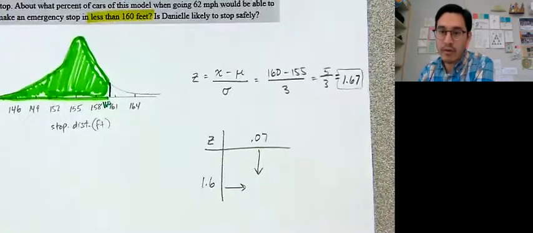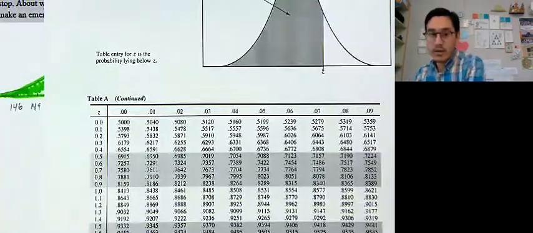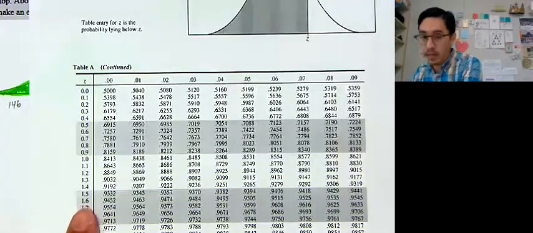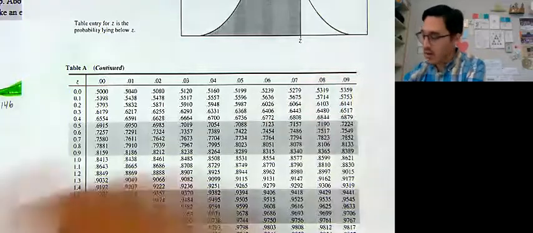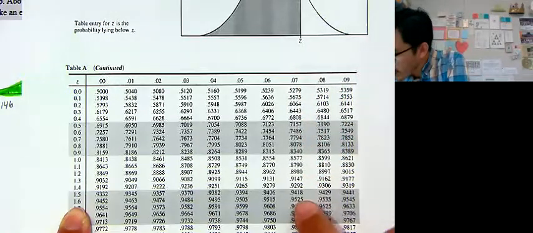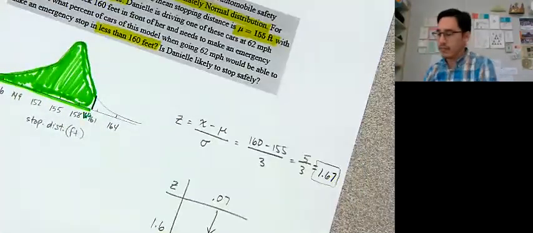We'll see where that row and column intersect. So here's my table. There's 1.6, here's the 7, and so I'm getting 95.25.